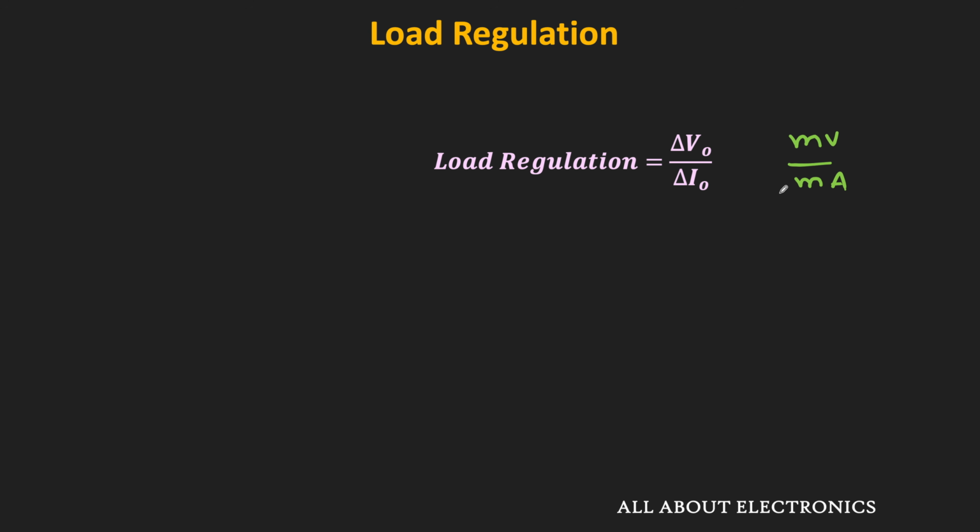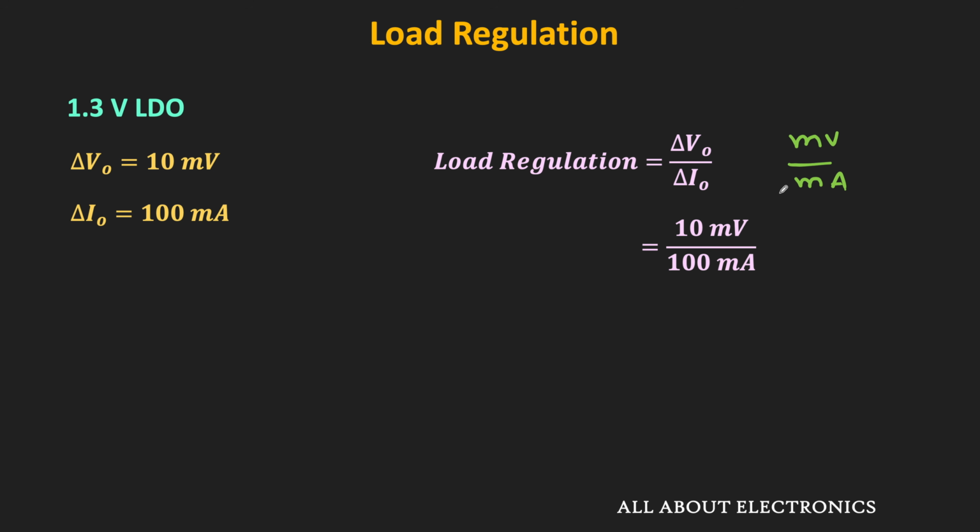So now let us take the example of the 1.3 volt LDO. Let's say for the given LDO, the current is changing by 100 milliampere, and with that change in the load current, the change in the output voltage is equal to 10 millivolt. So we can say that for this LDO, the load regulation is equal to 10 millivolt divided by 100 milliampere, and that is equal to 0.1 millivolt per milliampere.